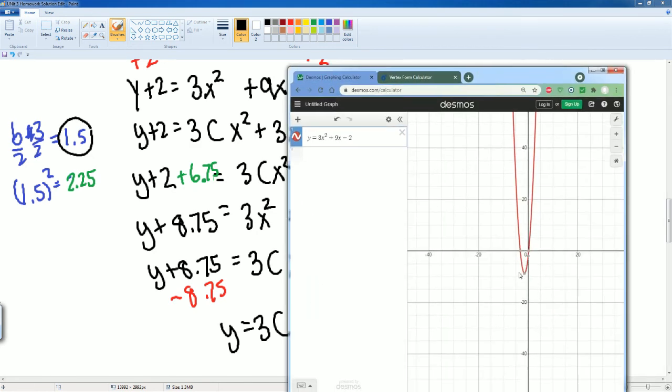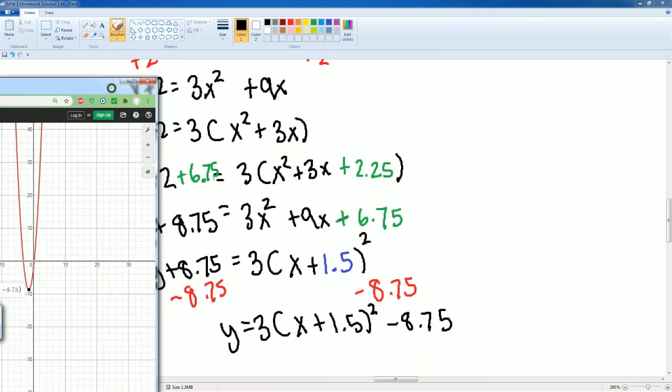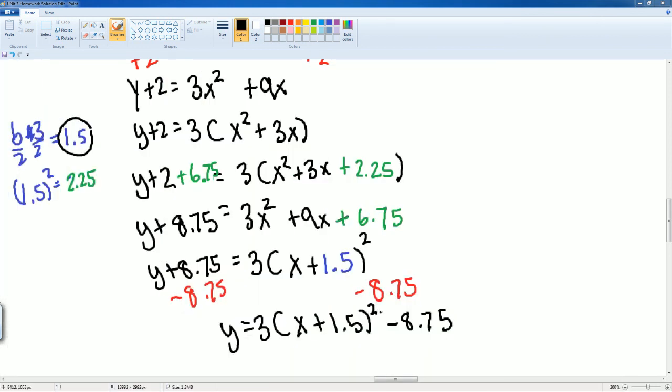The vertex here is negative 1.5 comma negative 8.75. That's what we got here.